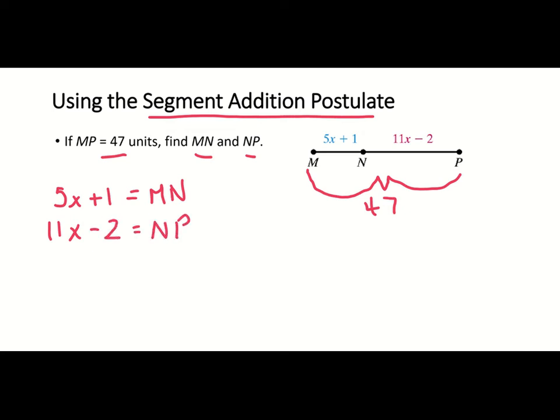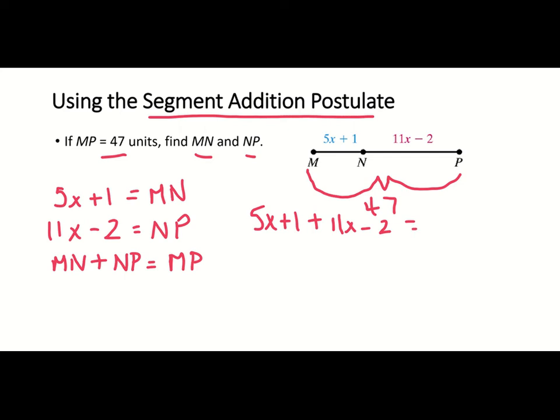Now remember, your segment addition postulate says, if I take my two parts, MN plus NP, I should be able to get the length of the entire segment, which is MP. So I'm going to use the information I have to solve this problem. I know that MN is 5x plus 1, plus I know that NP is 11x minus 2.